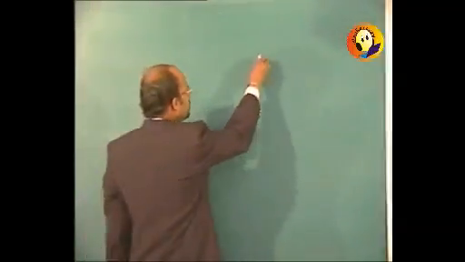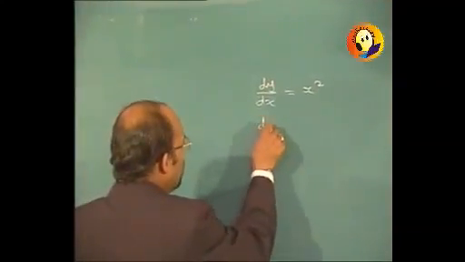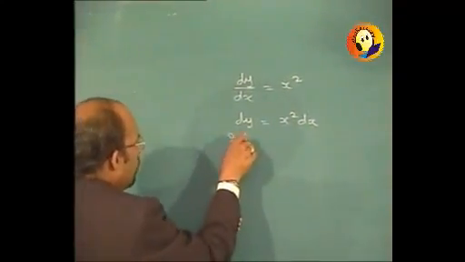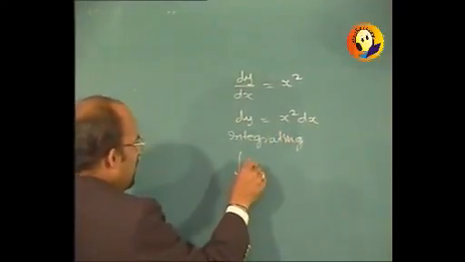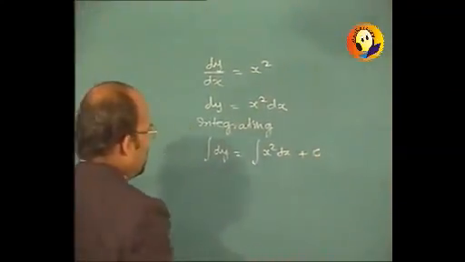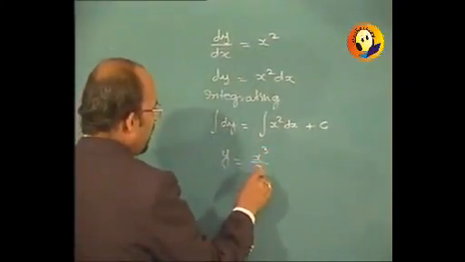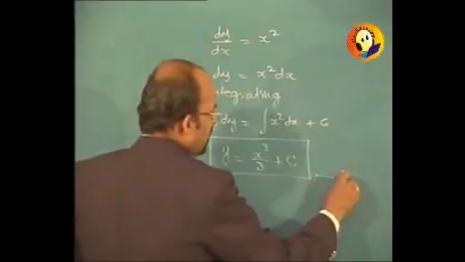So if the equation is of the type dy/dx is equal to x², it will be a differential equation, and to solve it we will write it as dy equal to x² dx, and then integrating both sides we will get integral dy equal to integral x² dx plus constant of integration, and ultimately we get y equal to x³/3 plus constant, which is known as the solution of that differential equation.